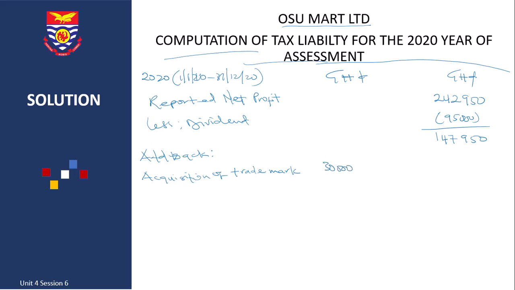Then we had research and development. We had some notes. The notes told us that acquisition of a new machinery, 28,500, and then staff training cost 31,000.